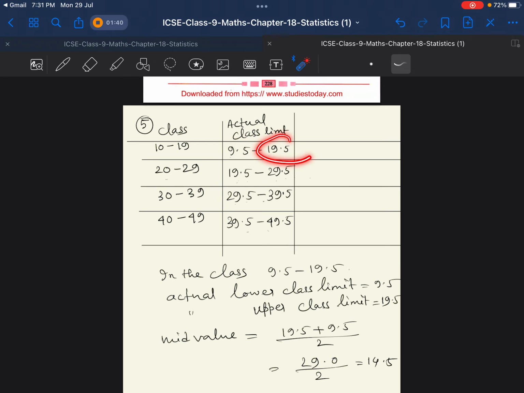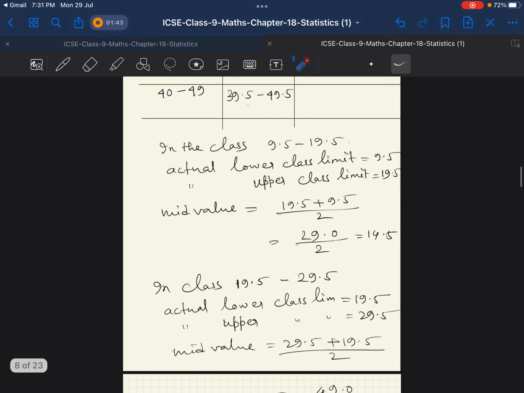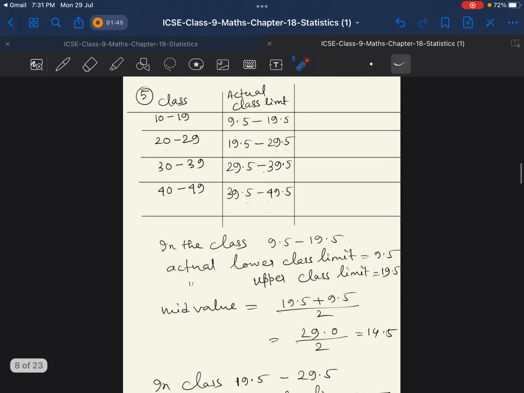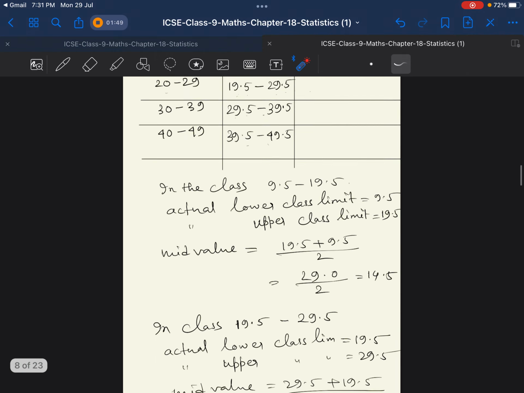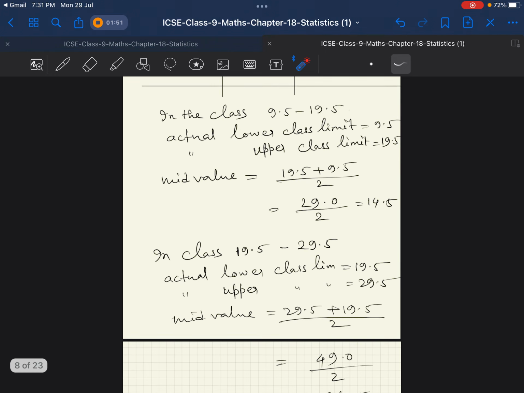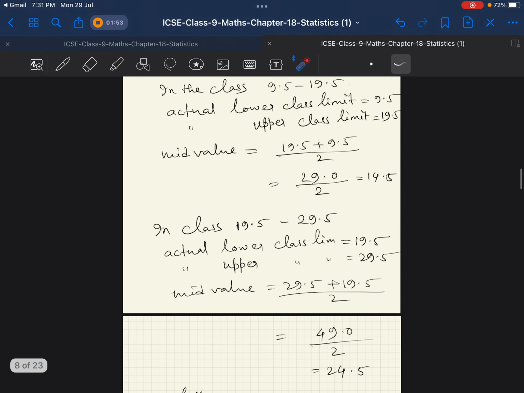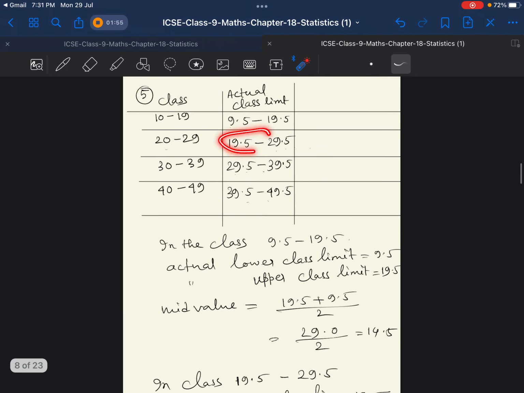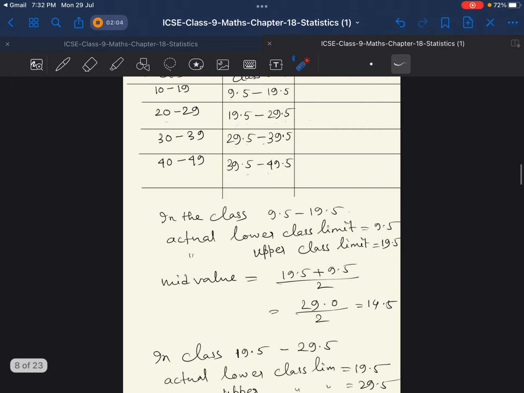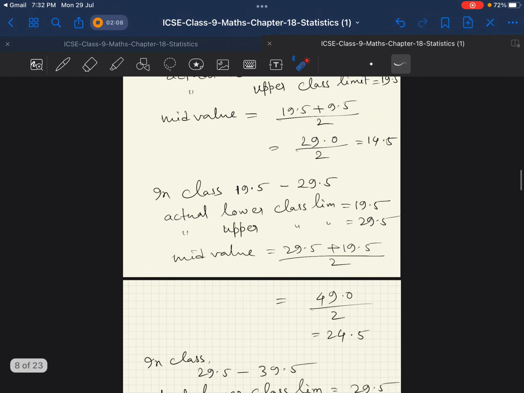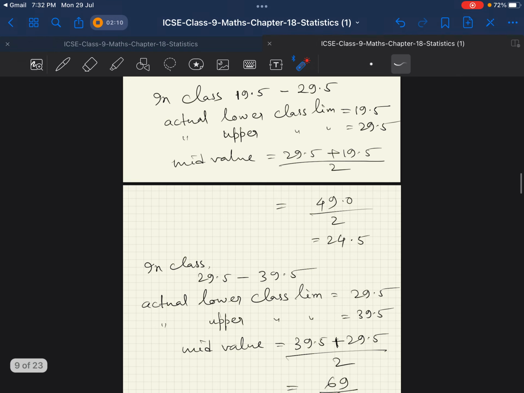In the class 9.5 to 19.5, the lower class limit is 9.5, the upper class limit is 19.5, and the mid value, we know, is the upper class limit plus lower class limit by 2. So this is 14.5. In the class 19.5 to 29.5, lower class limit 19.5 and upper class limit 29.5, and mid value is 29.5 plus 19.5 by 2.